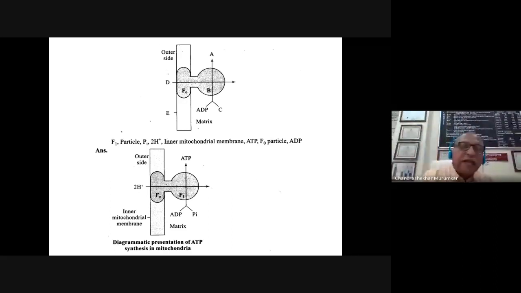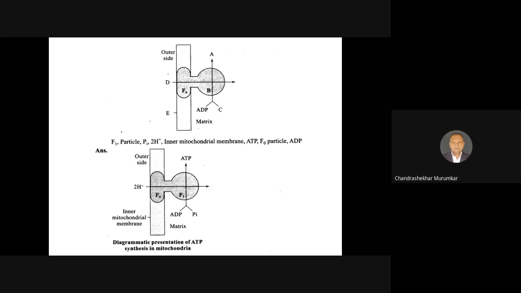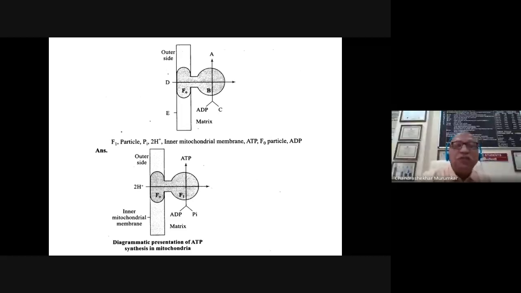When these hydrogen protons are moving across the membrane, as I showed in the diagram, the ADP is combining with the high energy phosphate bond, and this F1 particle, which is hanging in the cristae, is coupling them together to form the ATP molecule. Because of that, it has been found that with every 4 hydrogen protons there is a synthesis of one ATP molecule.